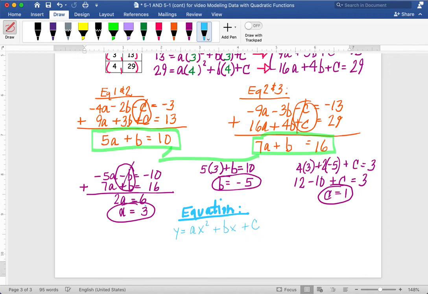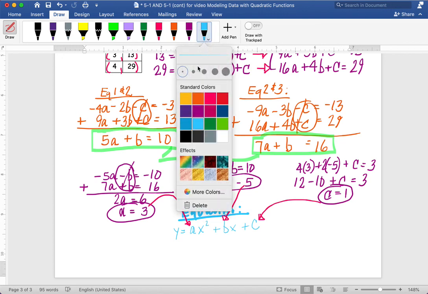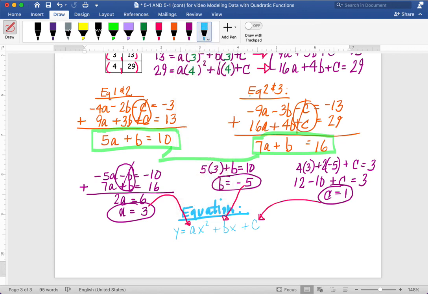I know what a is. A is 3. So I'm going to take the 3 and substitute it in for the a. B is negative 5. That's going to get substituted into b. The c is 1. So my final answer for my equation is y equals 3x squared minus 5x plus 1.